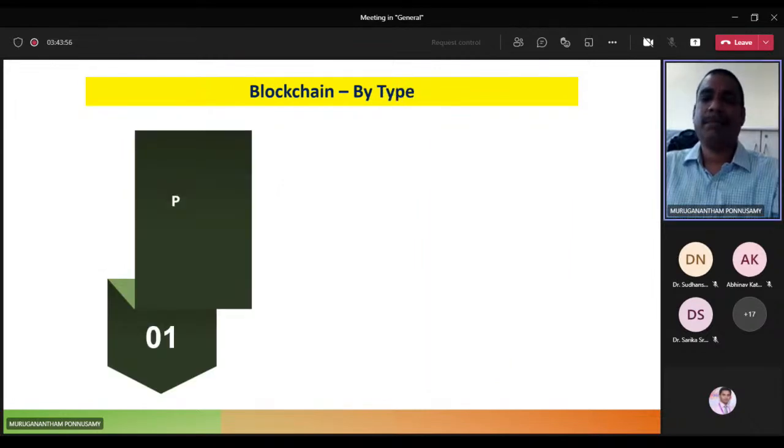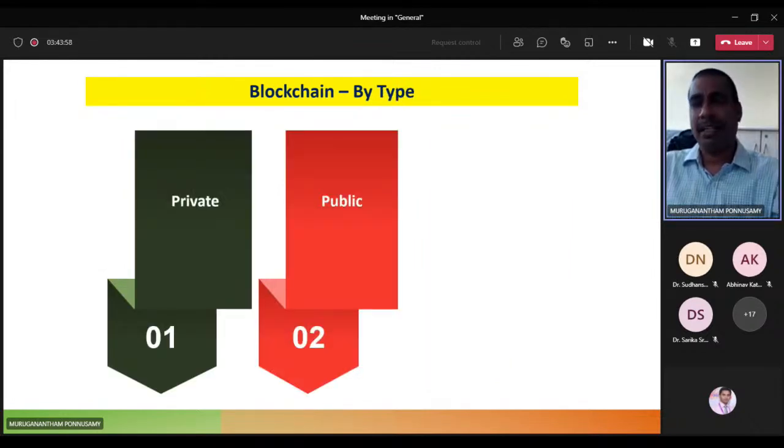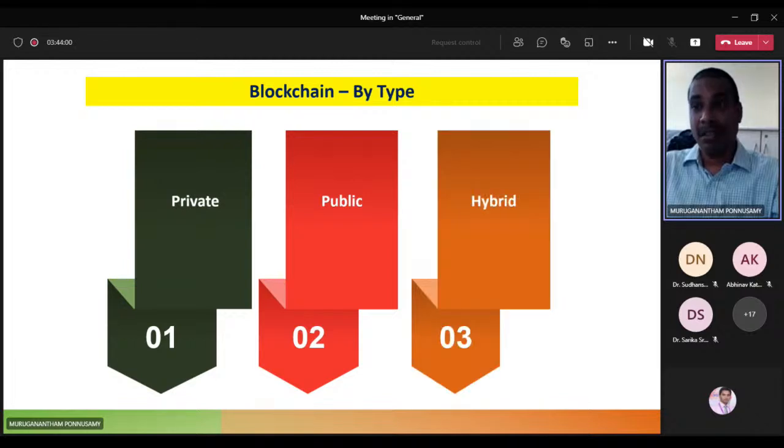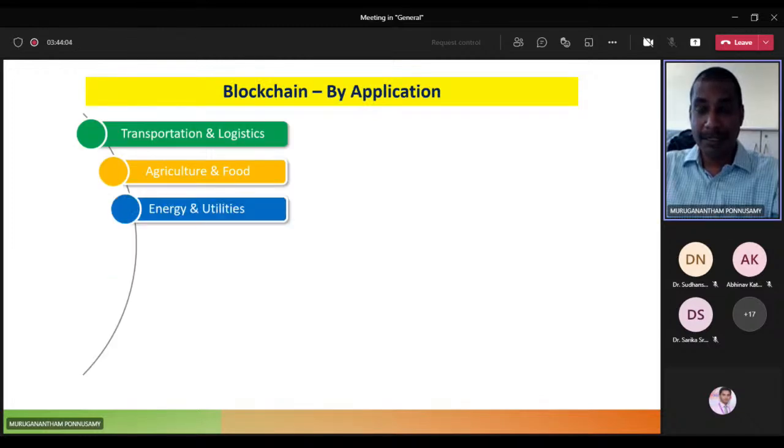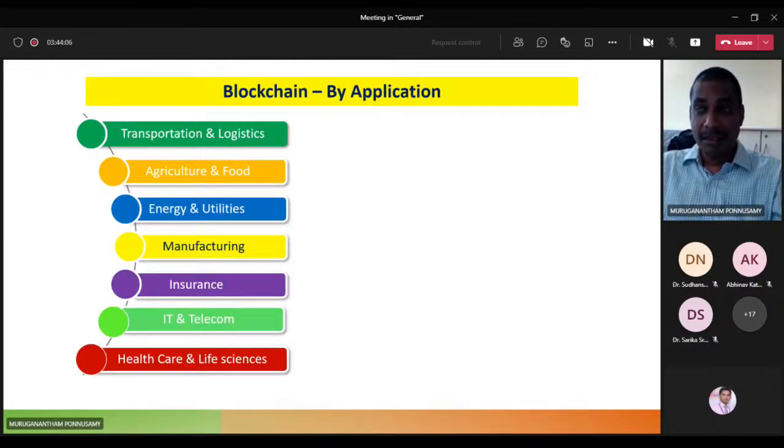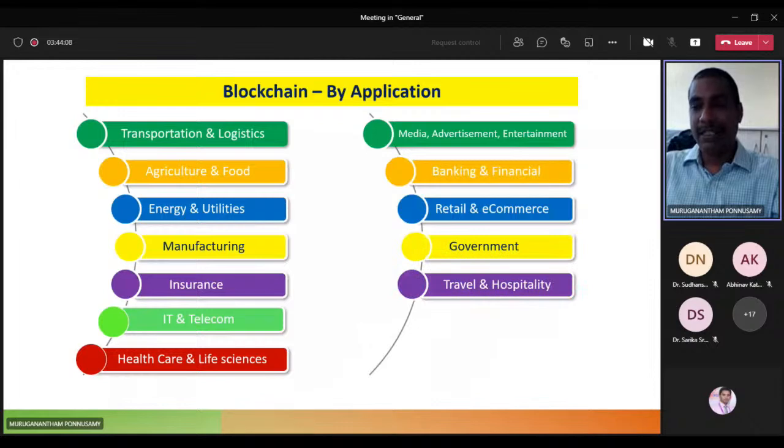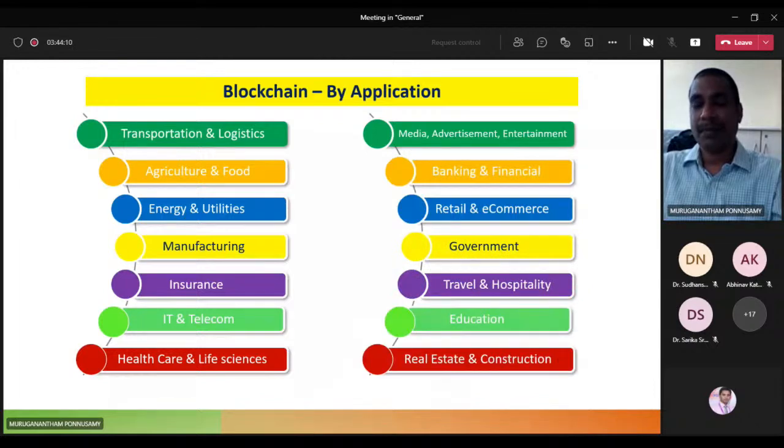Then comes type, as said earlier: private, public, or hybrid model. We are talking about the financial sector. All the listed applications are connected with finance, right?